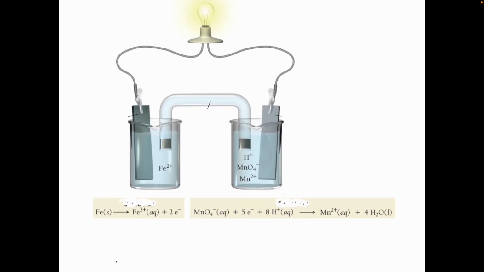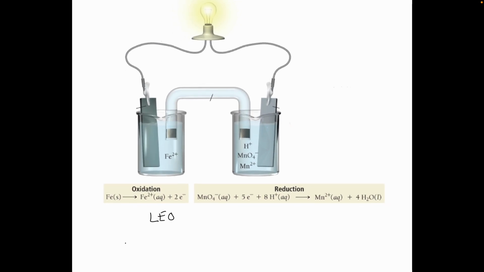All right, so how do I go about thinking about this? The two things that help me remember which is which are LEO, the fact that losing electrons is our oxidation reaction. That means that gaining electrons is our reduction reaction. And then the other phrase that I say to myself is from anode to cathode.